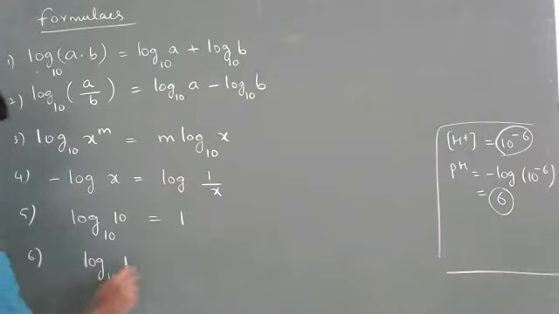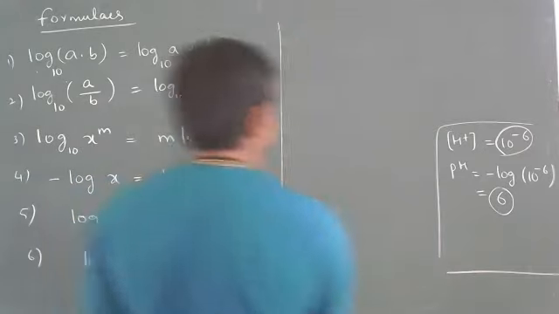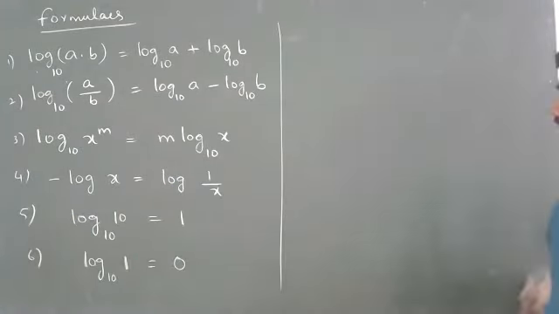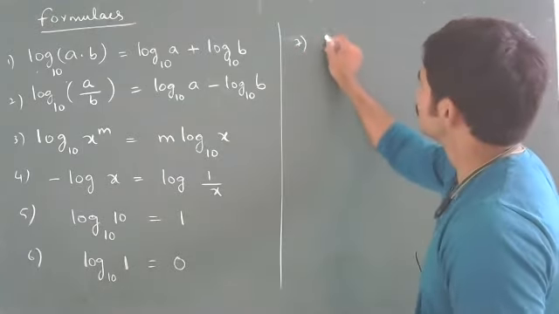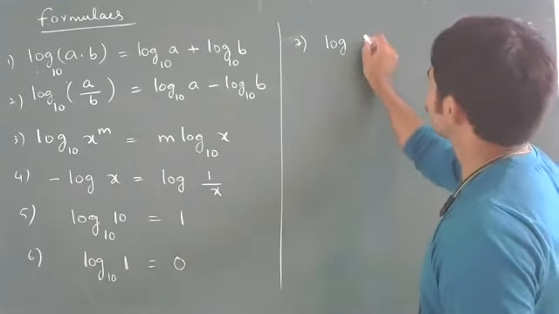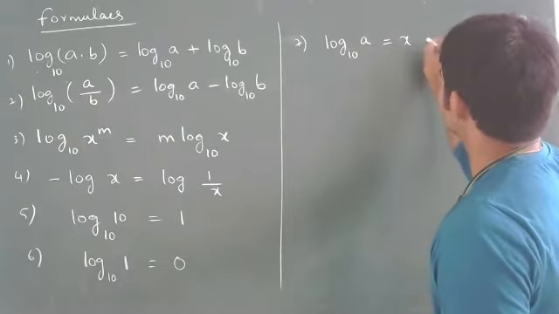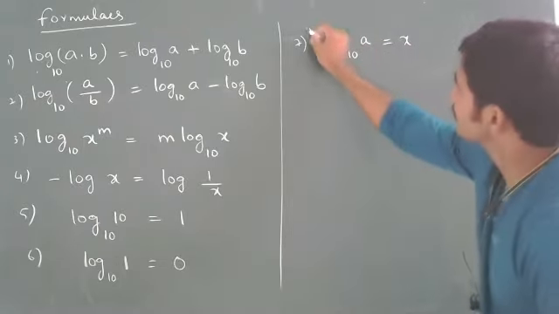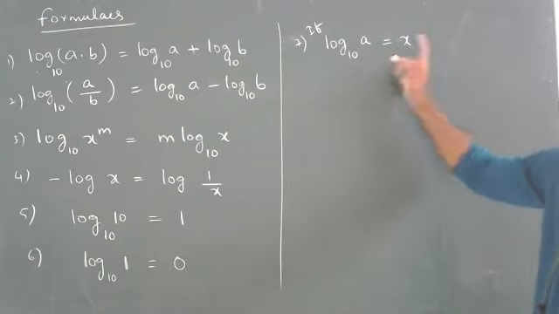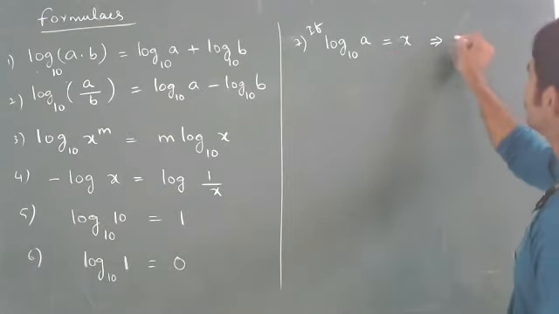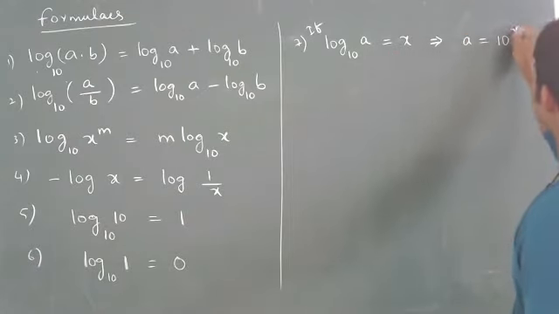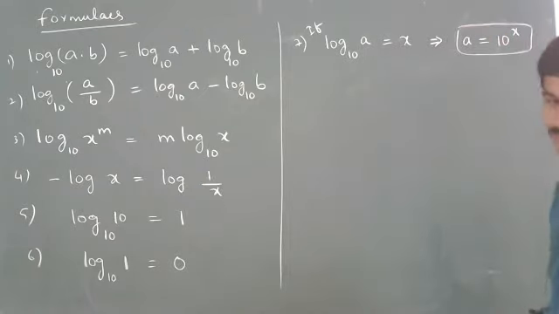Log 1 base 10 is equal to 0. Next, if log A base 10 is equal to x, then A is equal to 10 power x.